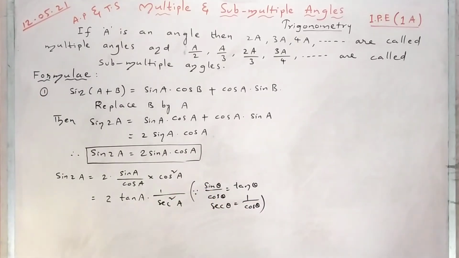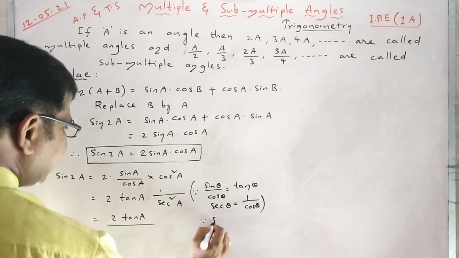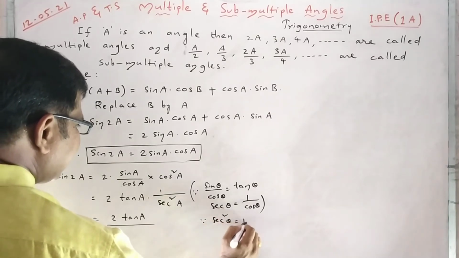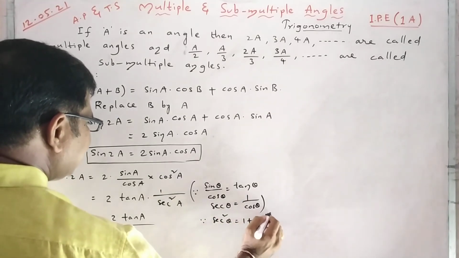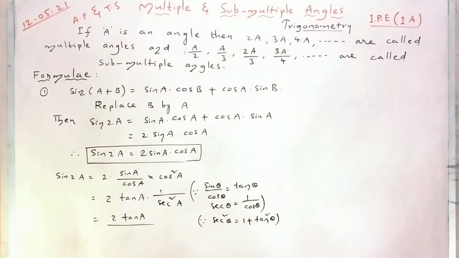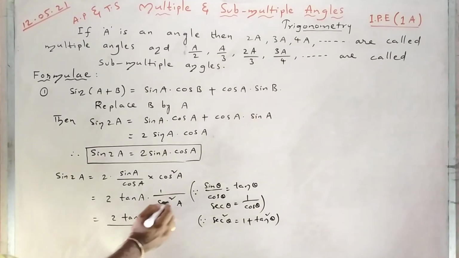Now, also we have an identity, secant square theta minus tan square theta equal to 1. So in the place of secant square A, I can write 1 plus tan square A.